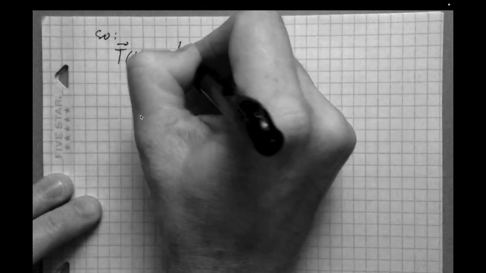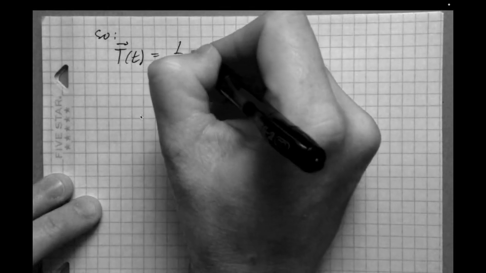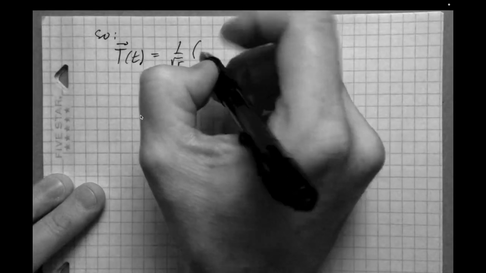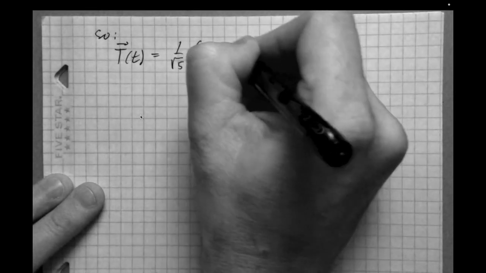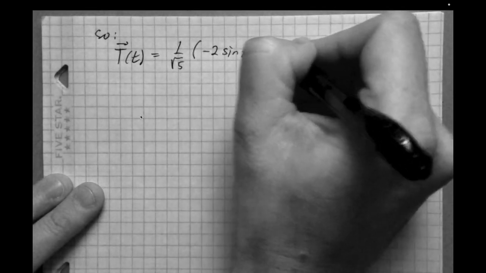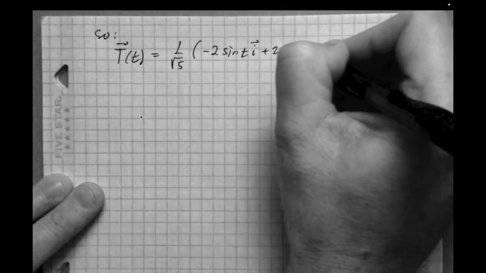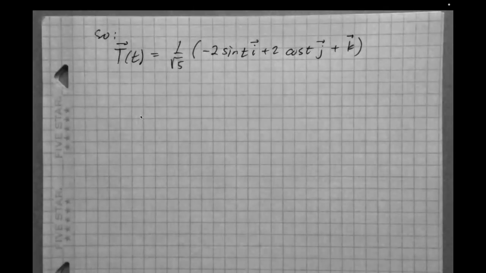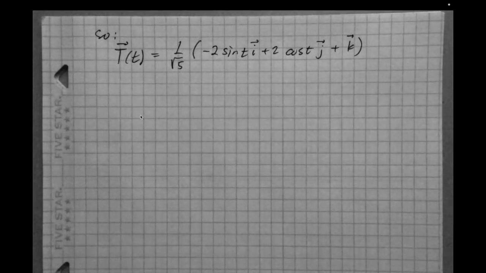It's 1 over the square root of 5 times negative 2 sine of t times i plus 2 cos t times j plus k. Okay, so that's what the unit tangent vector is.